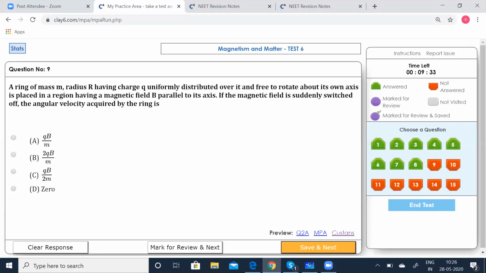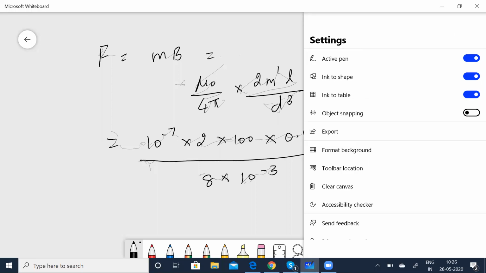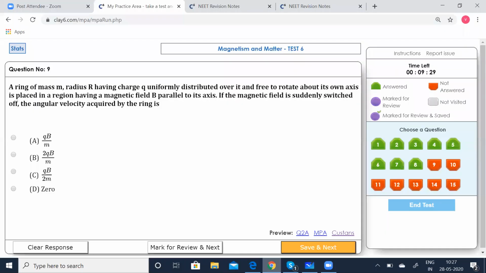The question seems to be complex, but it's actually very easy.